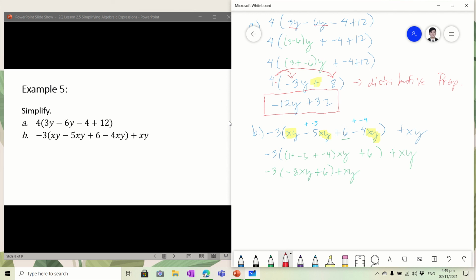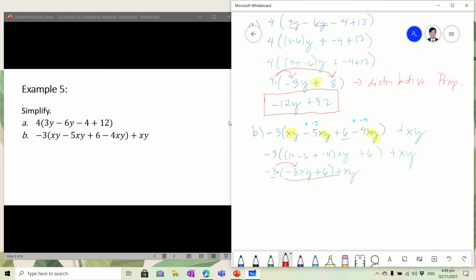Then afterwards, you will notice that in the group, you don't see any operation between negative 3 and the group. In other words, the operation here is an imaginary multiplication, and there are two terms here in the group. So we still have to distribute the negative 3.